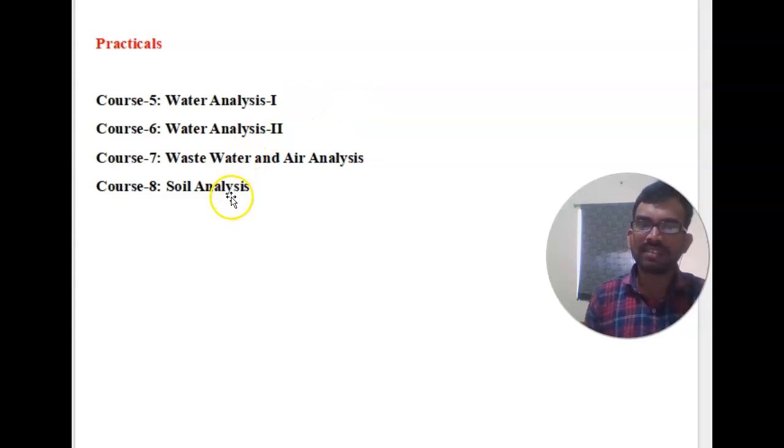Water analysis 2 is somewhat higher, then wastewater treatment, and air analysis means we can analyse air quality and air pollution. Course 8 is soil analysis. So that finishes the brief introduction to the first year and second year theory and practical courses.